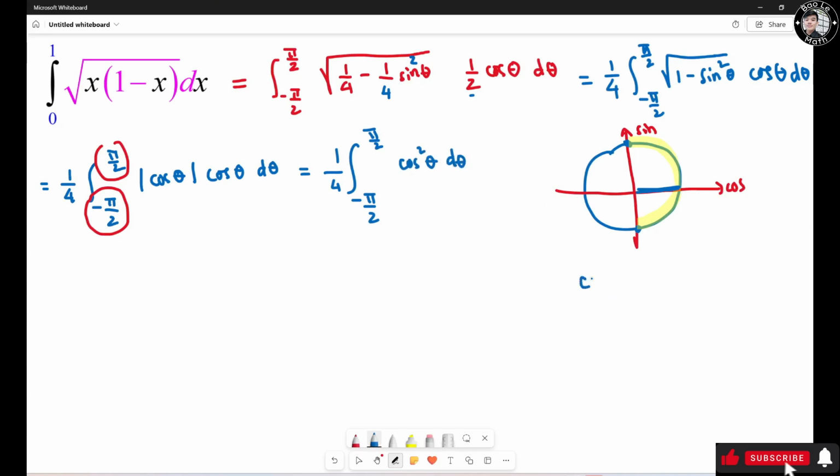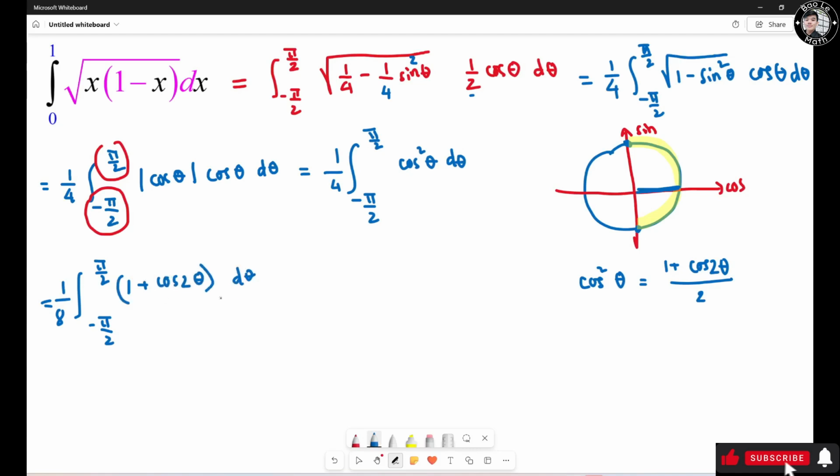Now we have the formula: cosine squared theta is going to be (1 plus cosine 2 theta) over 2. So this becomes the integral from negative pi/2 to pi/2. Now you have 1/2 right here, and I bring it to the front. It's going to be 1/8, and I have (1 plus cosine 2 theta) d theta.